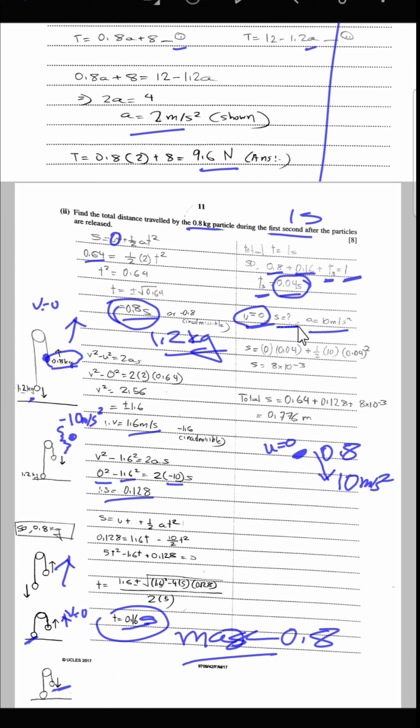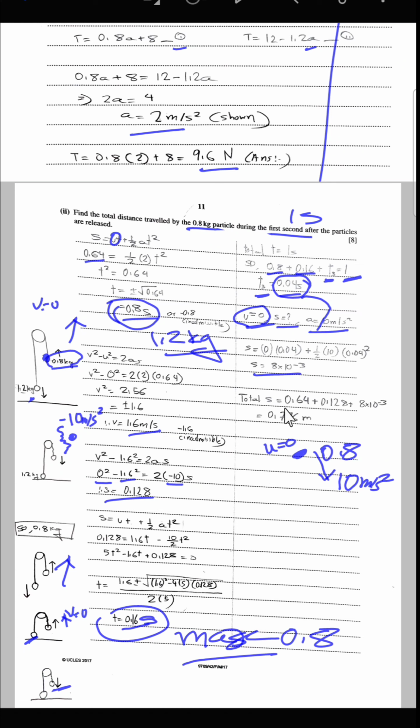Thus we need to find the distance it covers when time t is 0.04 seconds. So distance s is equal to ut plus half at square. We equate this and find the distance, that is 8 into 10 to the power negative 3 meter.